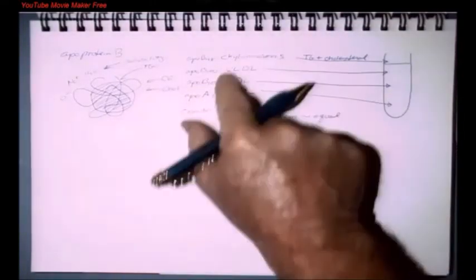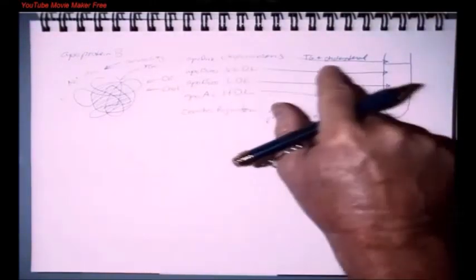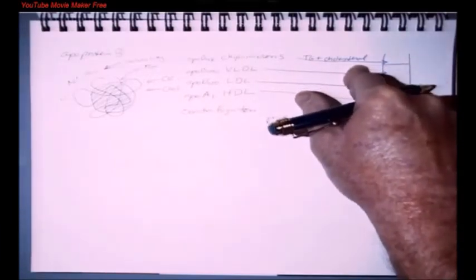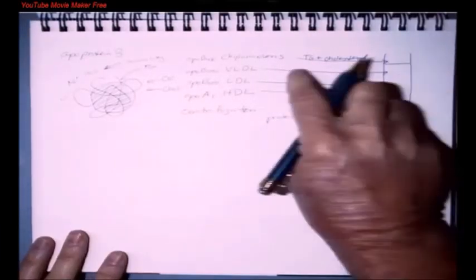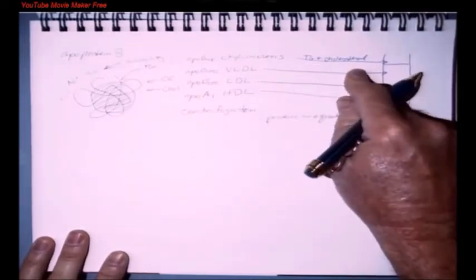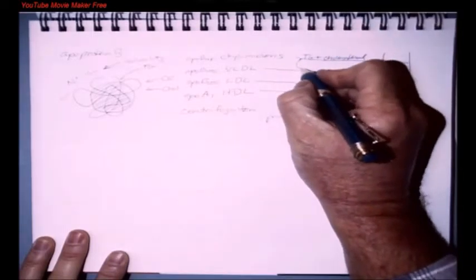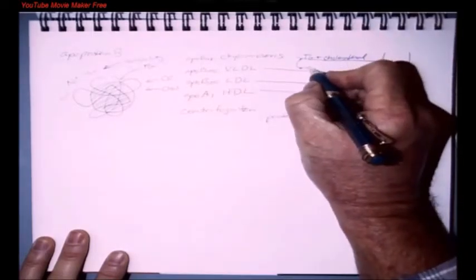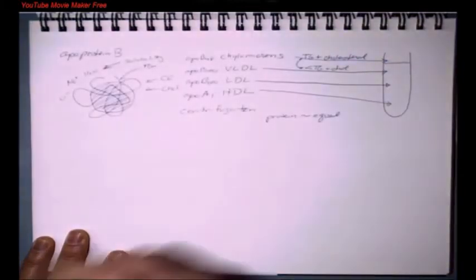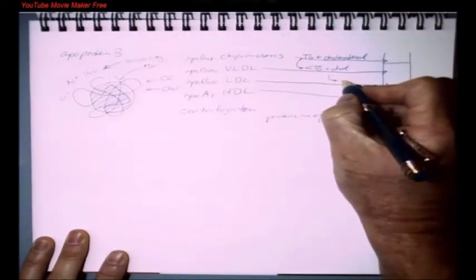So the density of these lipoprotein particles is simply dependent on the lipid concentration in the particle itself. So chylomicrons have the most triglyceride and cholesterol. VLDL has a little less triglyceride and cholesterol. LDL is primarily cholesterol.